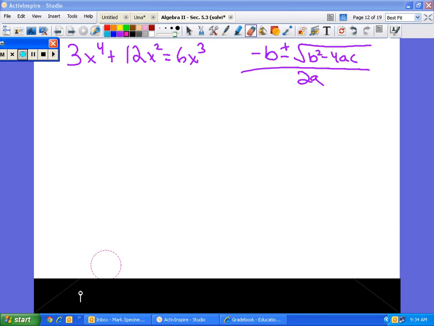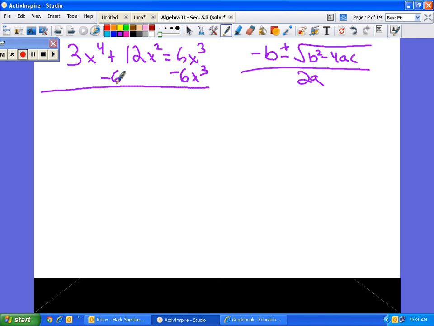Matt, what you got for me? What's the first step in solving this equation? Before we find A, B, and C. Go ahead. Set the equation equal to 0. So what do we have to do here? Good. We're going to subtract 6x to the third power from both sides.